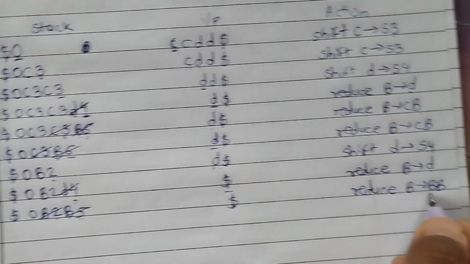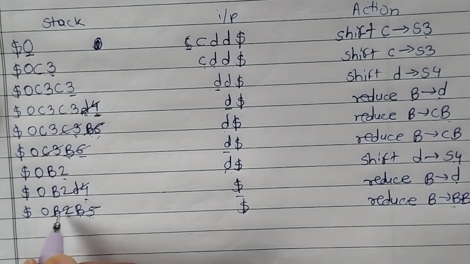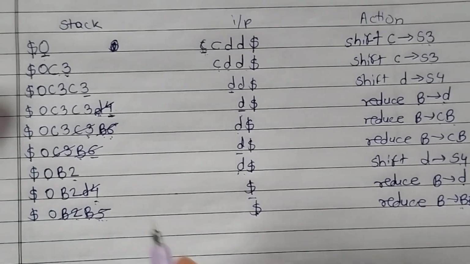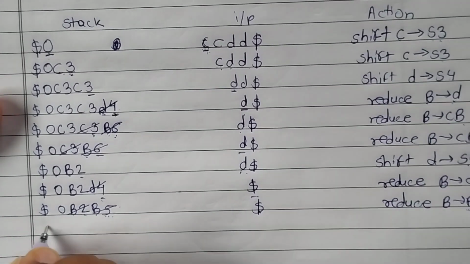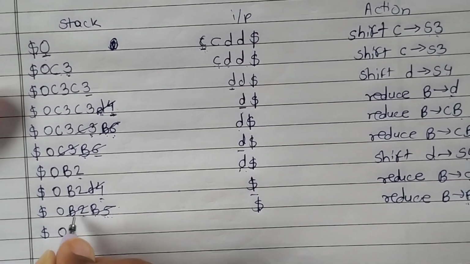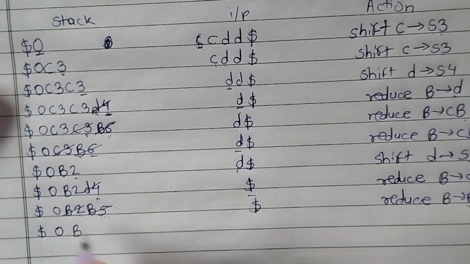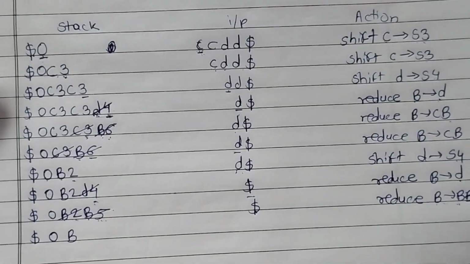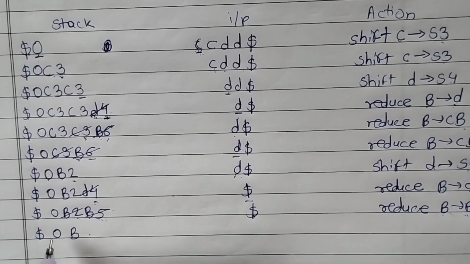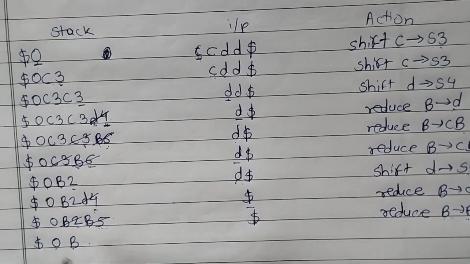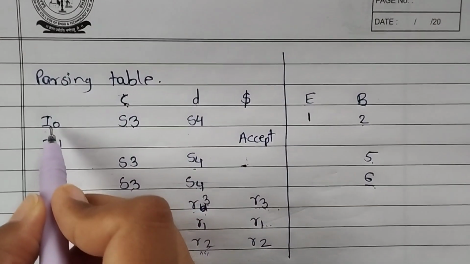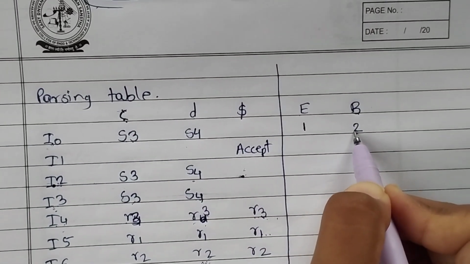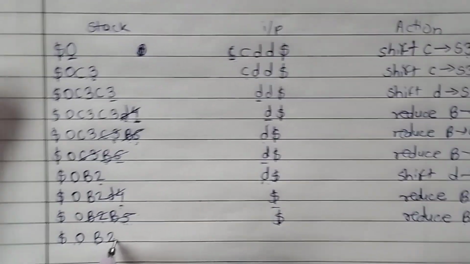For the 2 variables we cancel 2 variables and 2 numbers, so 1 and 2. Now $0, and for this we write B, because this is the production of B, and we now want a number. So I0 and B is 2, so 2.